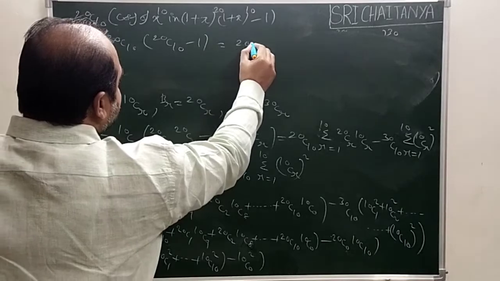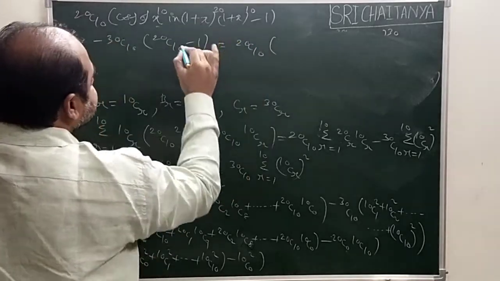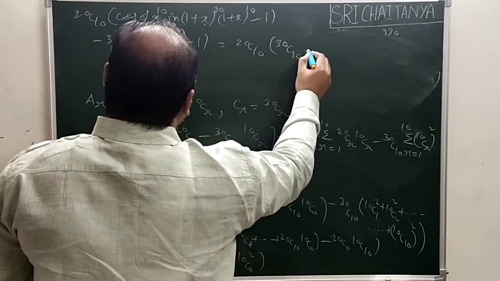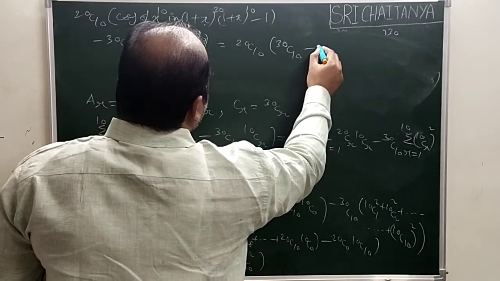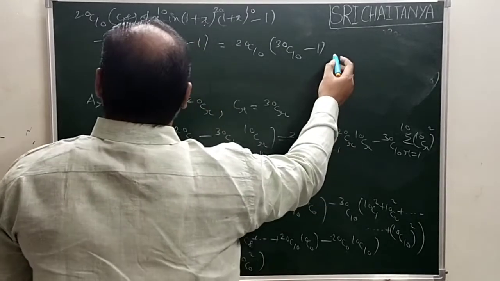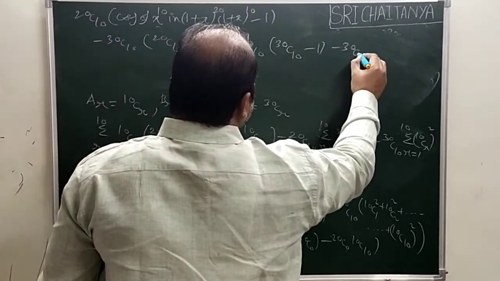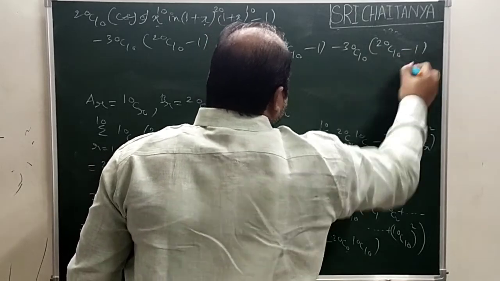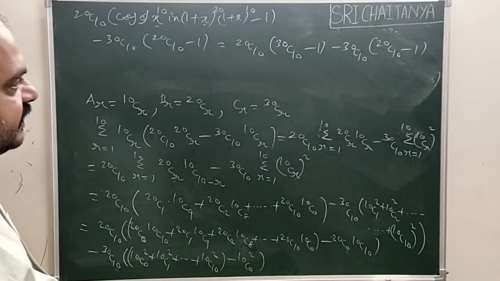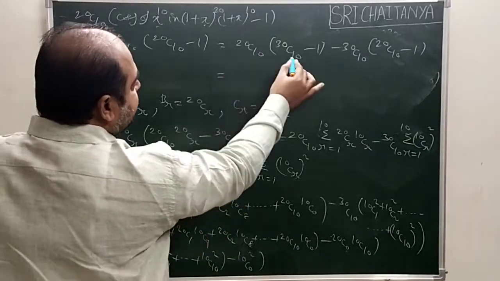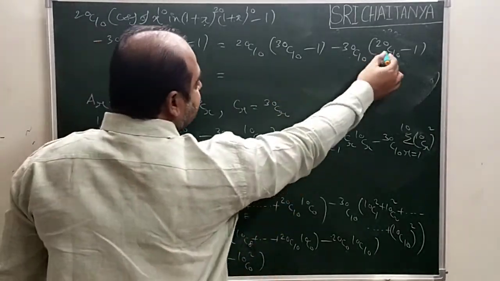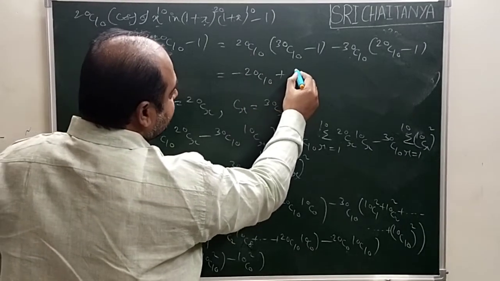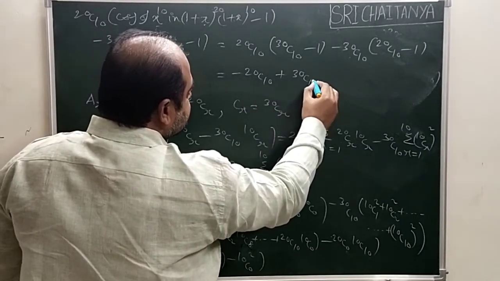That means 20C10 into (30C10 minus 1), since this is (1 plus x) to the power 30, minus 30C10 into (20C10 minus 1). Now if you observe, 20C10 into 30C10 will get cancelled. So minus 20C10 plus 30C10.